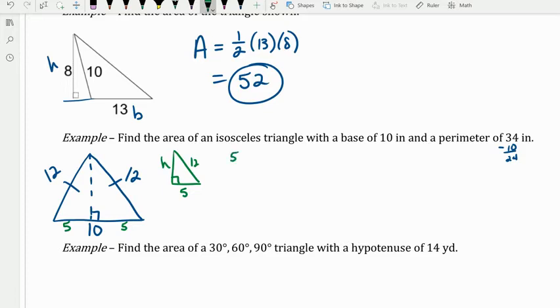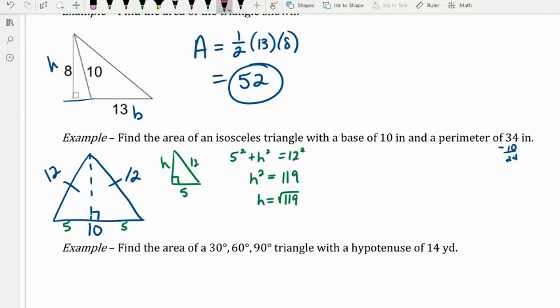So I can do my Pythagorean theorem. 5 squared plus h squared equals 12 squared. That will make h squared 144 minus 25, that's 119. So then that means our height would be the square root of 119.